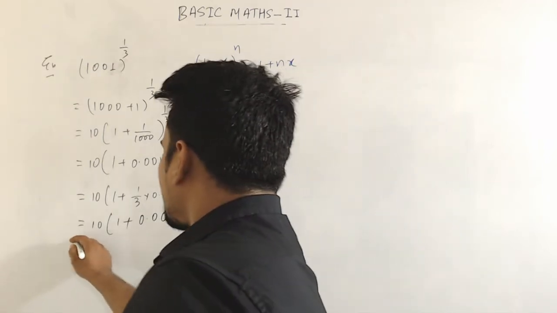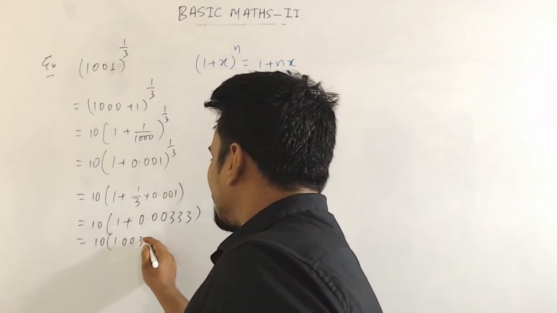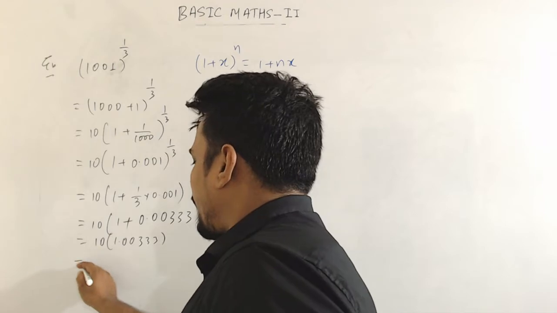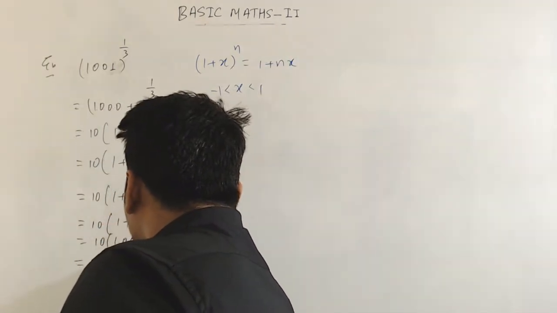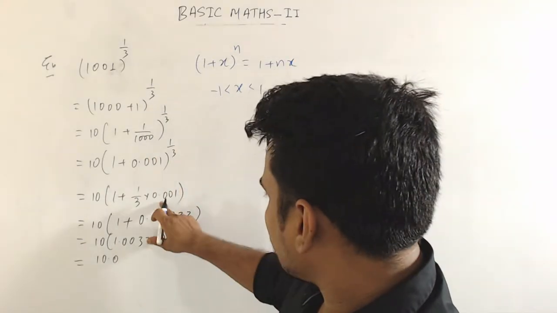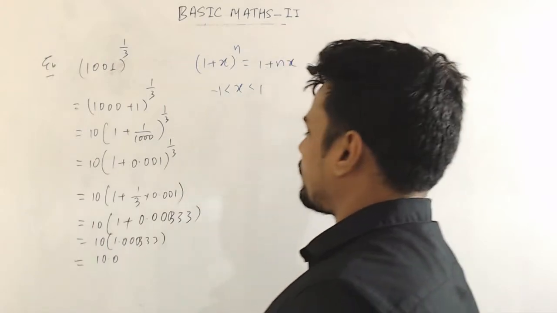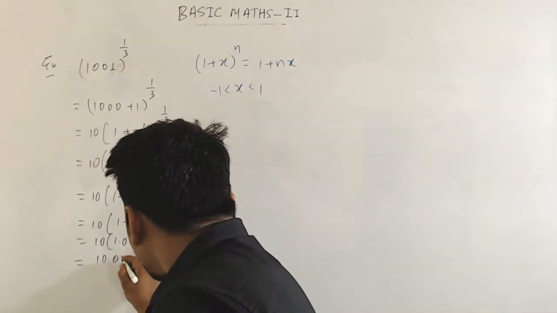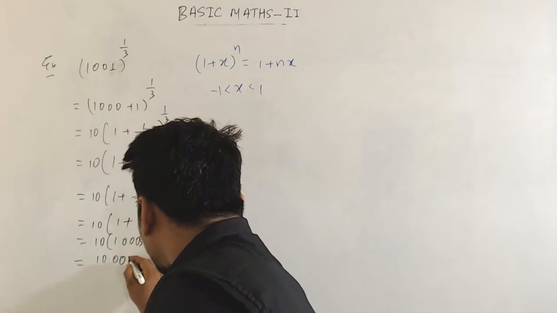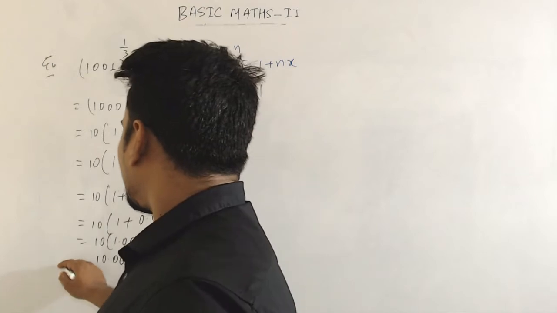So it should be 10 times 1.000333 and so on. Once we open the bracket, this gives you 10.00333, I should be having one more 0, my bad, I just missed out one 0 over here. So this is how we can get the answer.